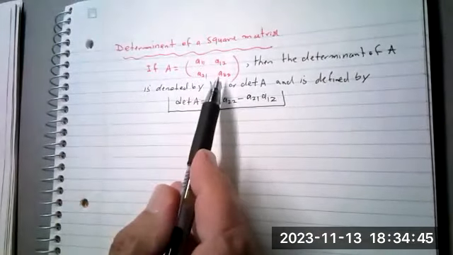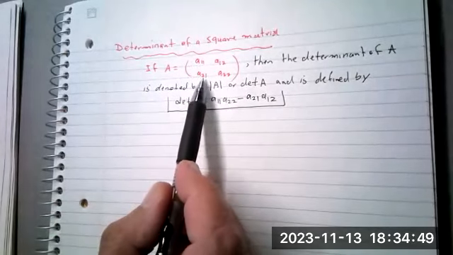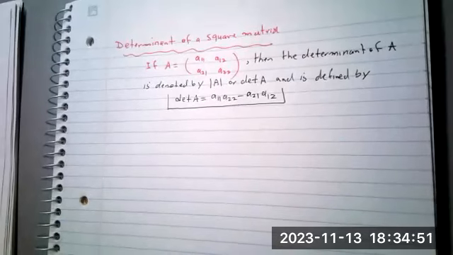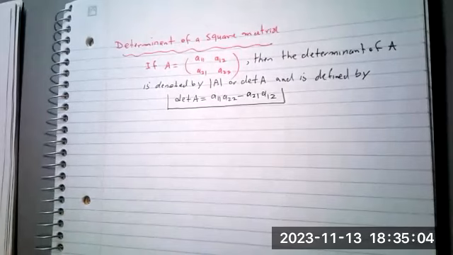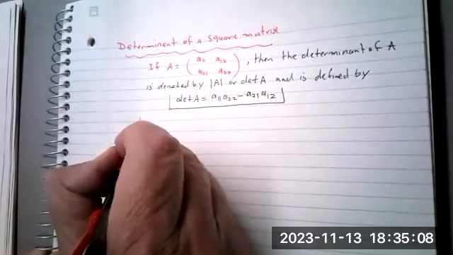A11 times A22 minus A21 times A12. That would be the determinant of a matrix. We need this one. We have to use it for all the problems that we are going to do. I'll give you one example.